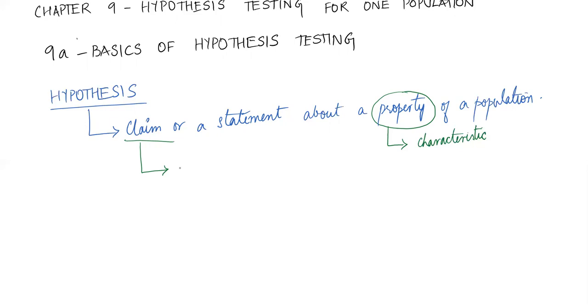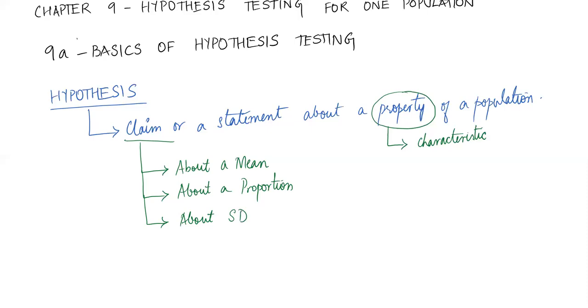You can make a claim about a mean. You can make a claim about a proportion. You can make a claim about standard deviation, or variance.